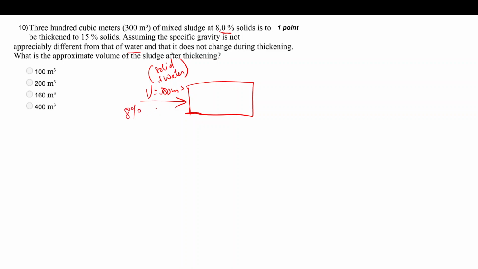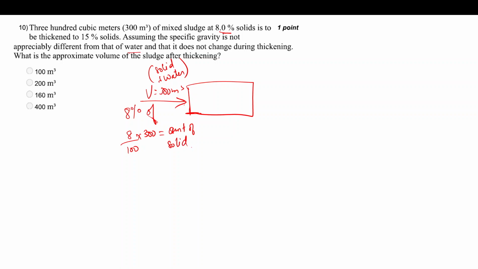So 8% of this volume will be the amount of solid. So you can say that 8 by 100 into 300 is the amount of solid, or volume of solid, here.